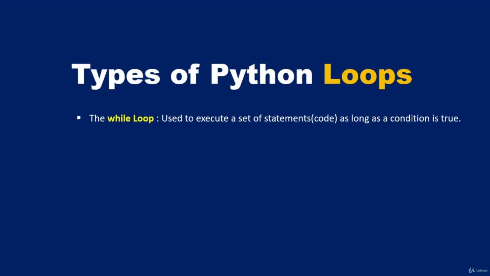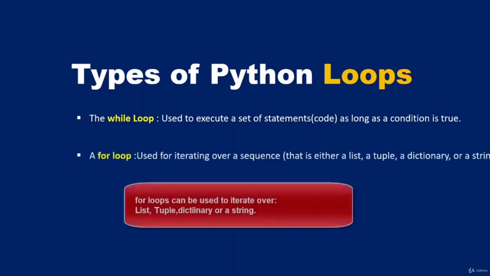The next type of loop is called a for loop, which is basically used to iterate over a list of items. So for loops are particularly useful when you're using a list, a tuple, or a dictionary. It can even be used to loop through a string. So the for loop, if you want to iterate and say print out certain elements or all the elements in a list, you can use a for loop to iterate over that sequence.